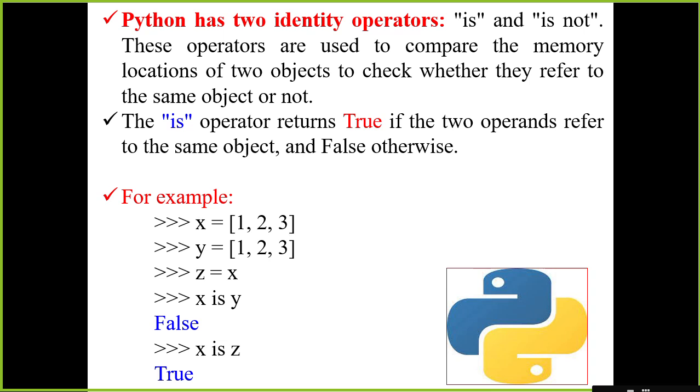The is operator is an identity operator, so if both operands refer to the same object, it returns true. Otherwise, it returns false. That's why x is y is false, because x is different and y is different. Then x is z: x's location is the same as z's location, that's why it returns true.